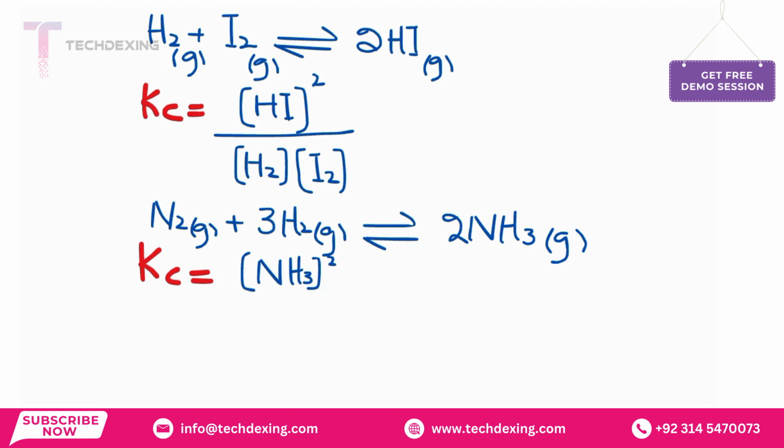Then over bracket N2, bracket H2, rest is about 3. Excellent, very good. So now you have got the idea of how we can write down the equilibrium constant expression for the various reactions.